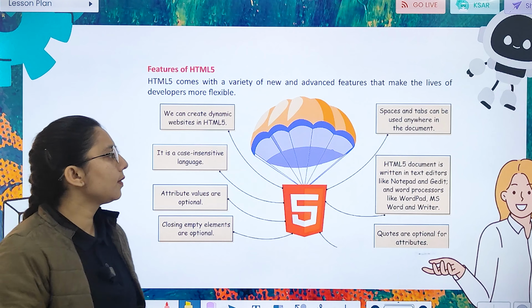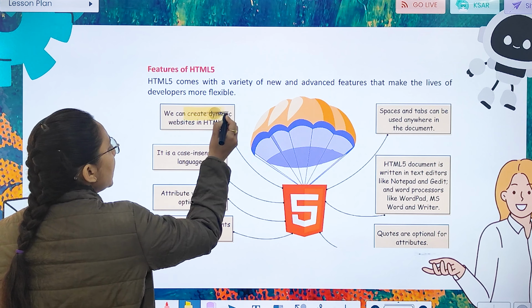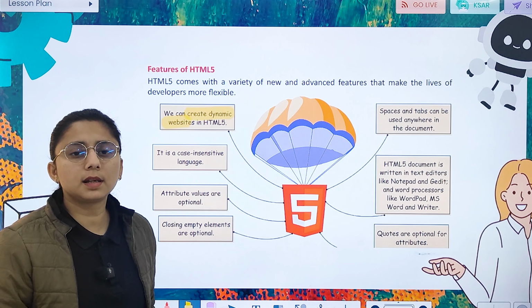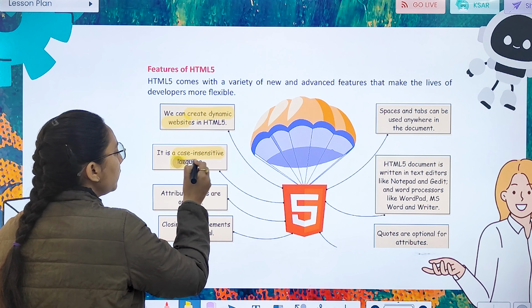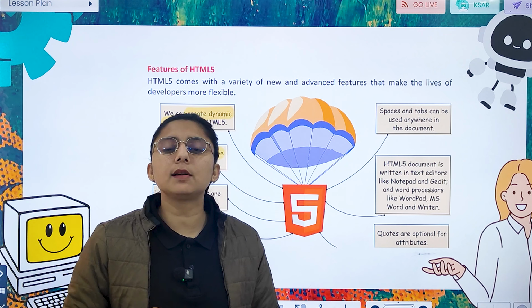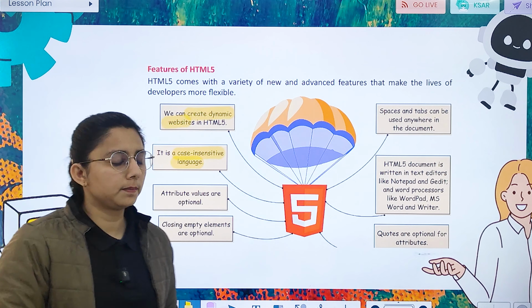Next we have features of HTML. There are different features. First, it can create dynamic websites. Second, it is not a case sensitive language. Attribute values are optional. There are many attribute values and these are all optional over here, right?